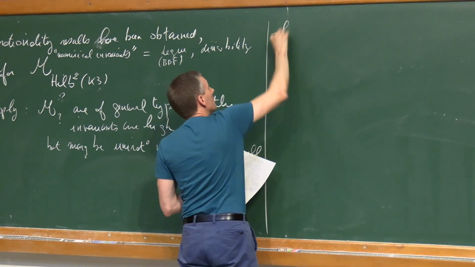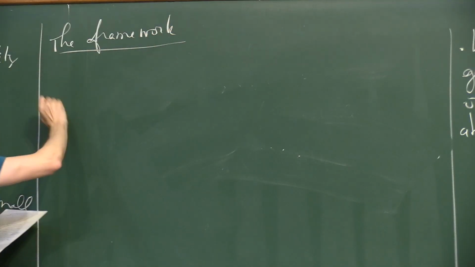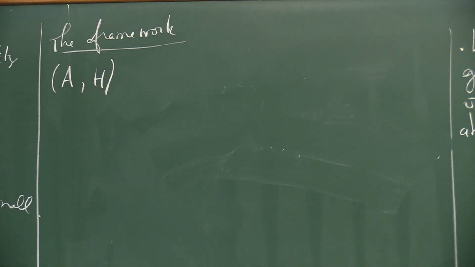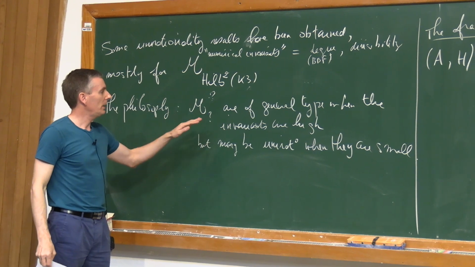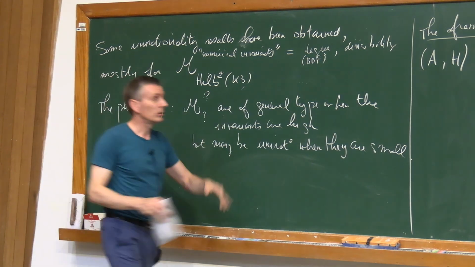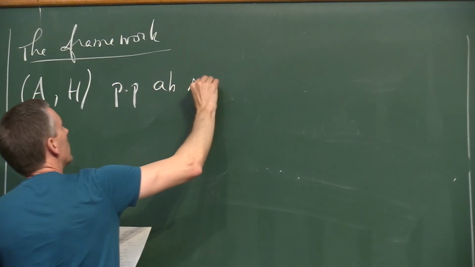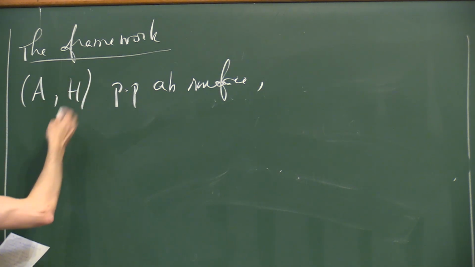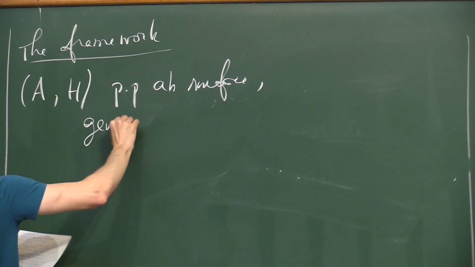So the framework is to start with an abelian surface with a polarization, but as we see, it's wiser to start with very low numerical invariants. So we take a principally polarized abelian surface. And of course, we take it general in its moduli space.